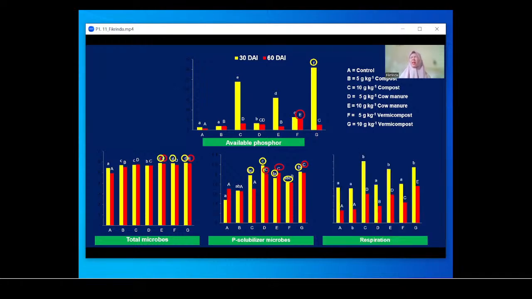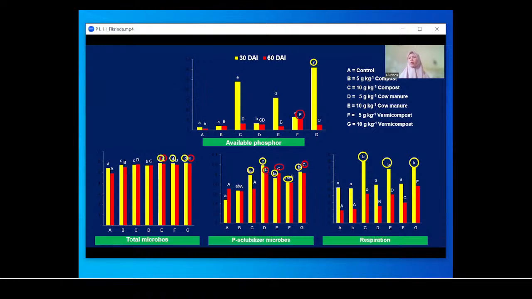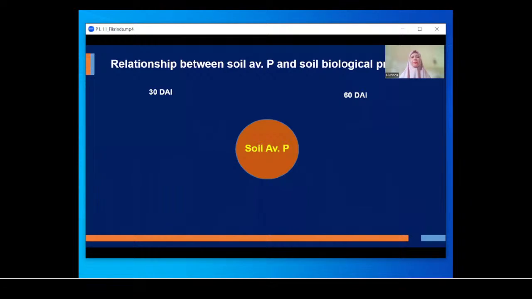And the last, for respiration, the best effect we found at 10 gram per kilogram compost, co-manure and vermicompost, the same amount, at 30 days after incubation, and at 60 days after incubation, the best treatment was 10 gram per kilogram vermicompost.